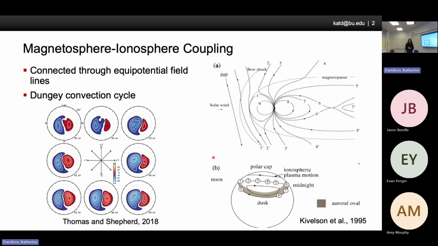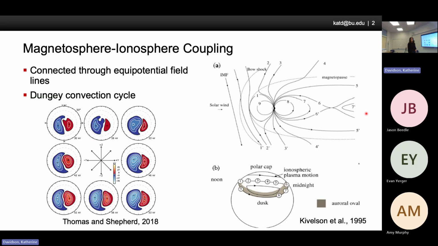This occurs when you have a southward IMF, and this connects with the day-side magnetosphere here. These newly opened field lines then move back towards the magnetotail, where they squish and connect again, sending those tail magnetic field lines back to the day side. And so this whole process is mapped to the ionosphere through this magnetosphere-ionosphere coupling.